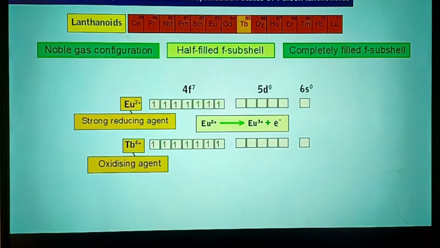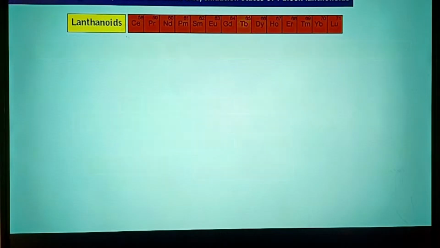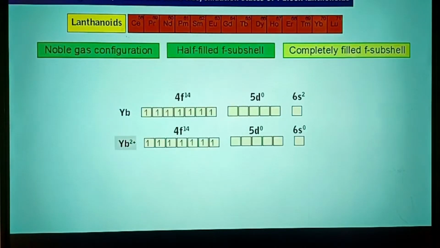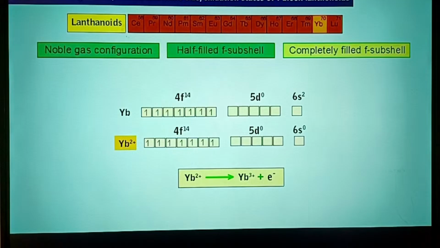Terbium +4, on the other hand, acts as an oxidant and gets itself reduced to +3 state. Thulium 2+ stands as an example of the third case. A thulium 2+ ion acts as a reducing agent and changes to +3 state.